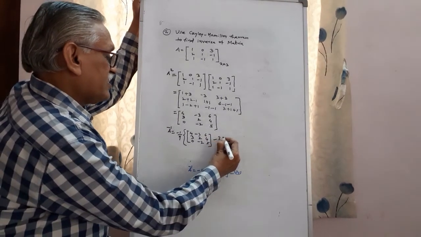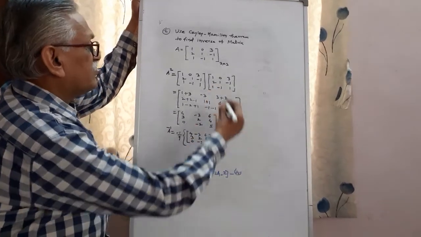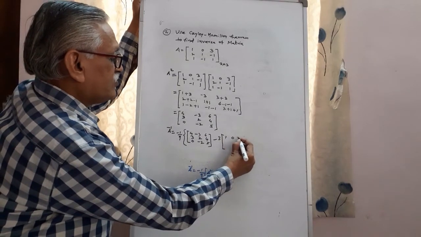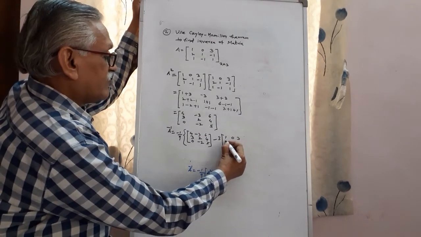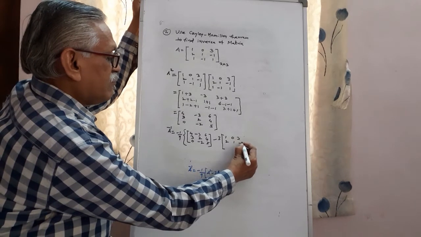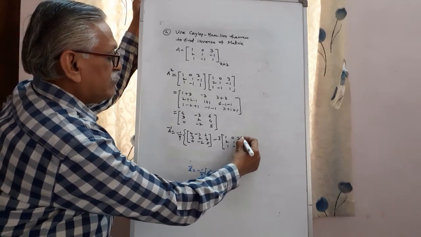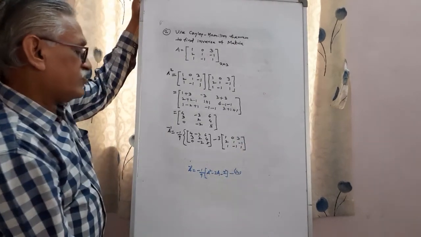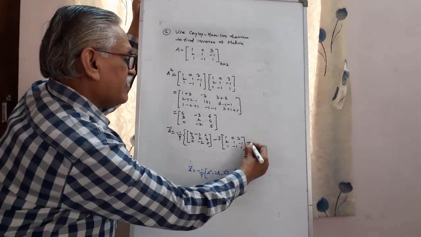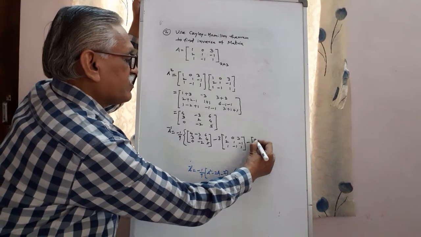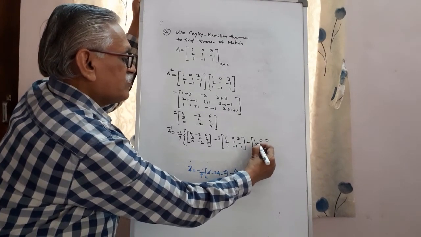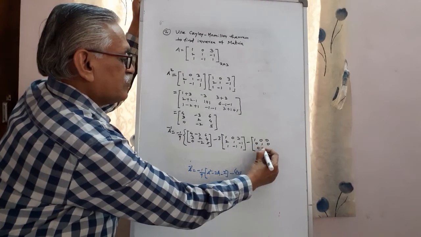Minus 3 times A is 1, 0, 3, 2, 1, minus 1, 1, minus 1, 1, and minus I means the identity matrix of the same order, 1, 0, 0, 0, 1, 0, 0, 0, 1.